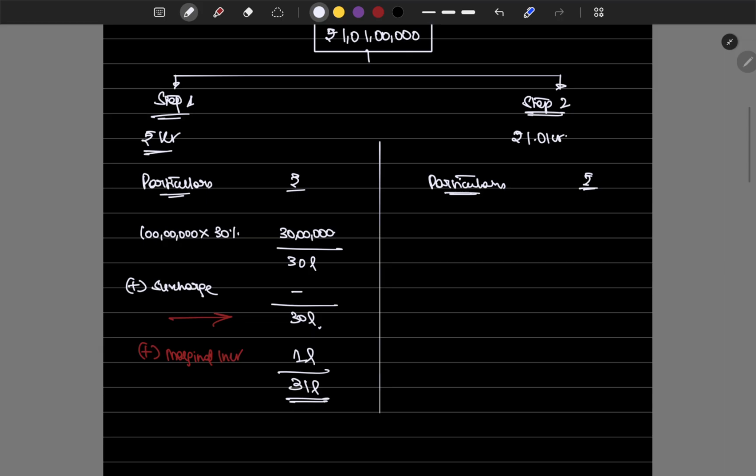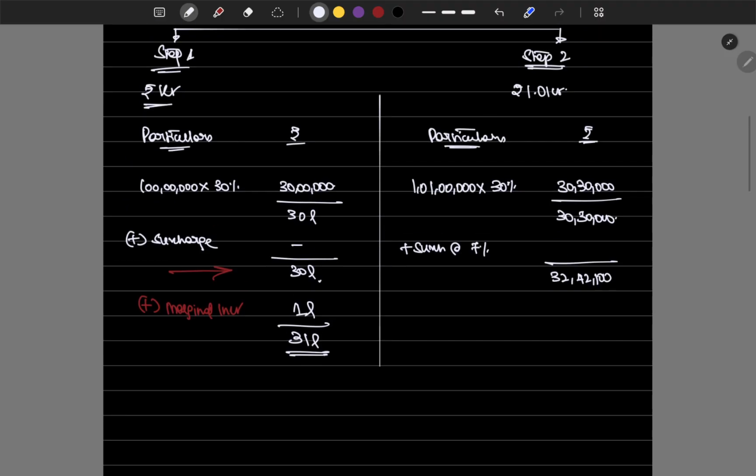What's the second step? Second step is 1 crore 1 lakh income into 30%, which is 30 lakh 30,000. What's the surcharge? 7% into 107%, which is 32 lakh 42,100. Yes, we found out step 2 also.